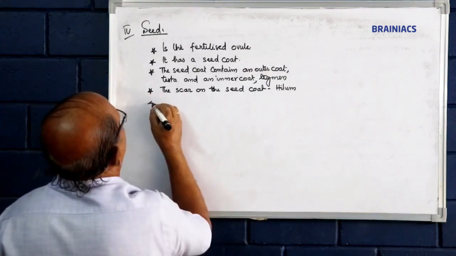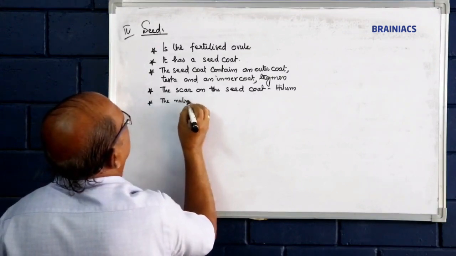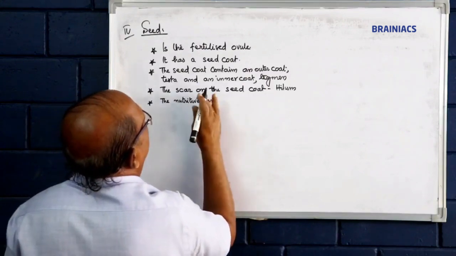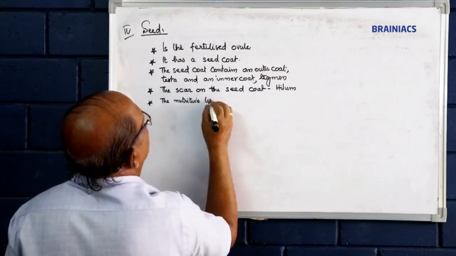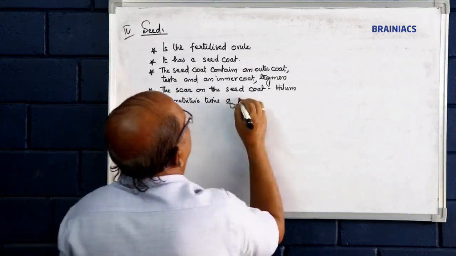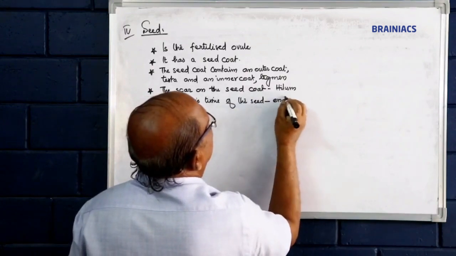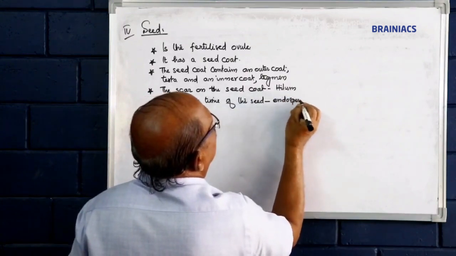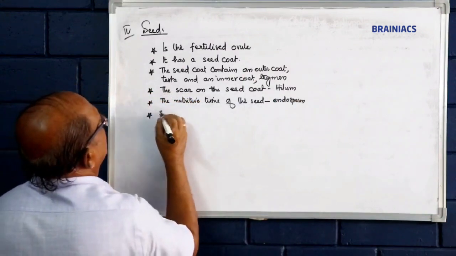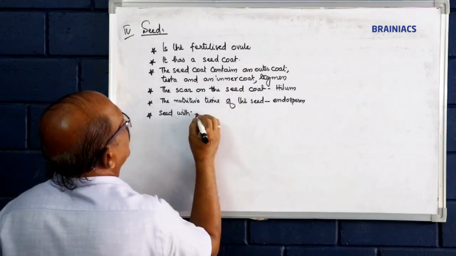Then the nutritive tissue of the seed is the endosperm.